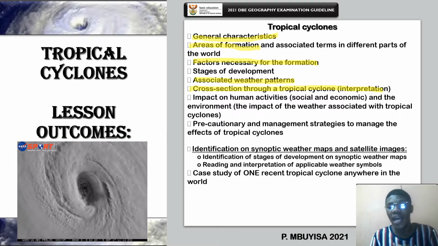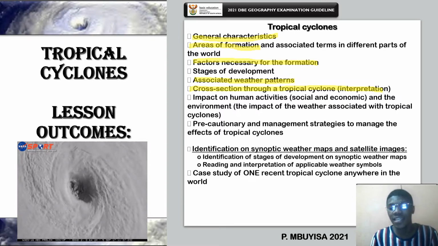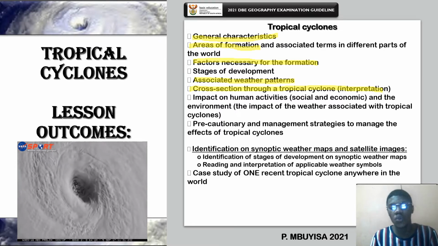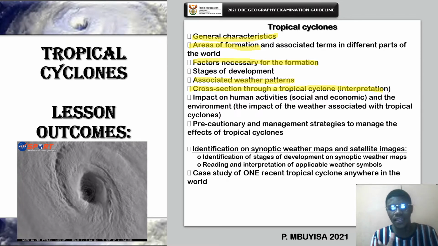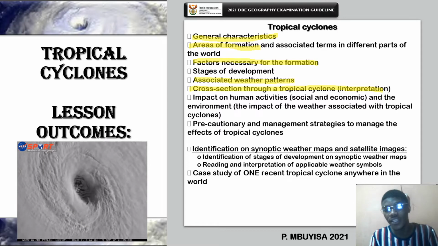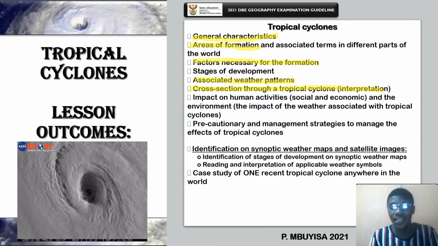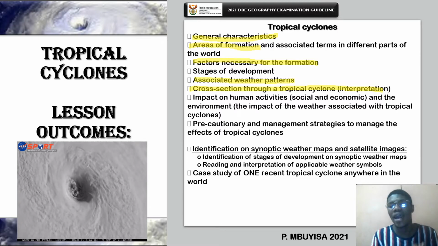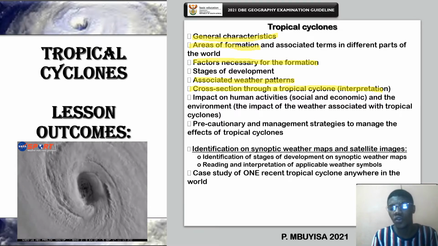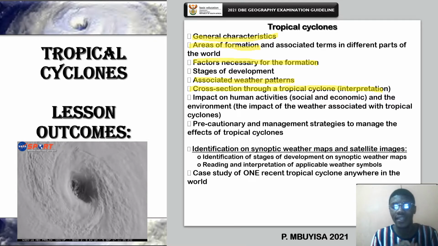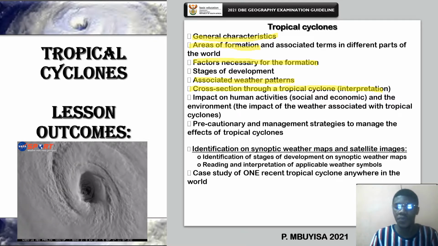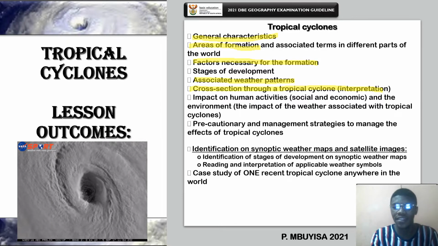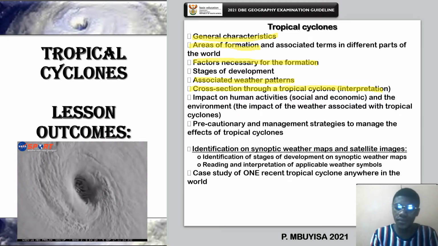You can think about how we were most recently affected by tropical cyclone Eloise, around the 20th of January this year, 2021. We were affected in South Africa by tropical cyclone Eloise. So you need to be able to answer some case study kind of questions on that section. So let's just look at the naming in the different hemispheres.